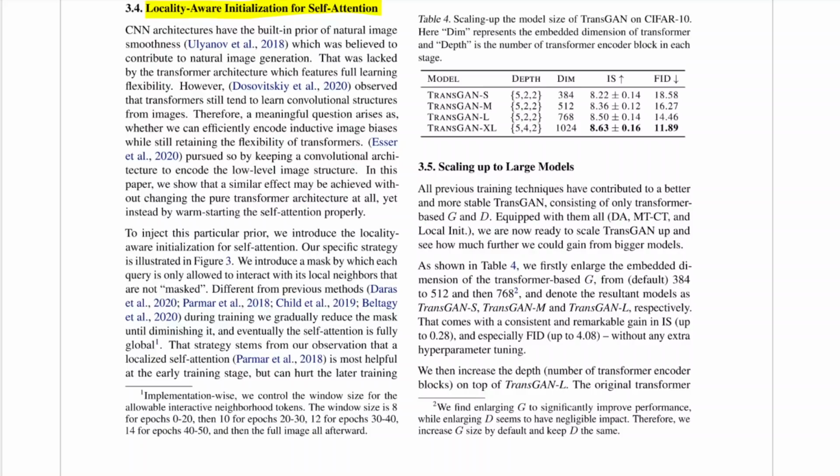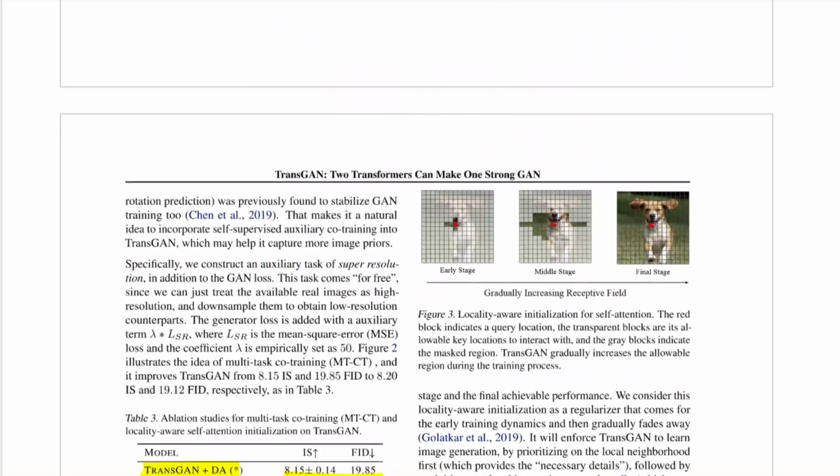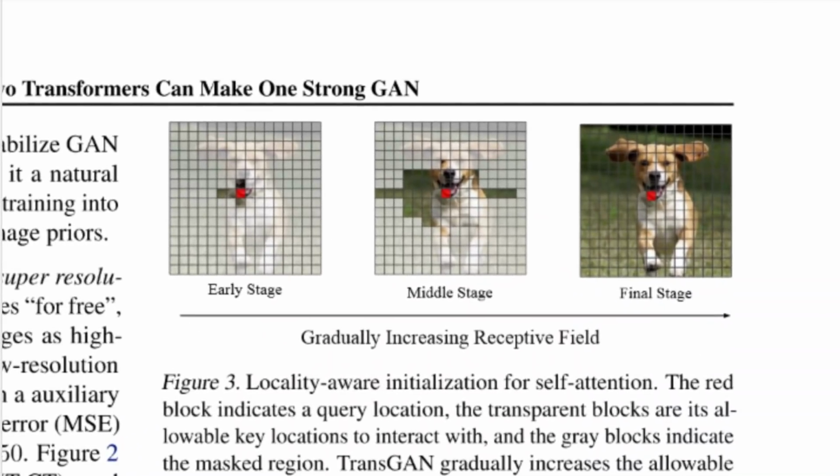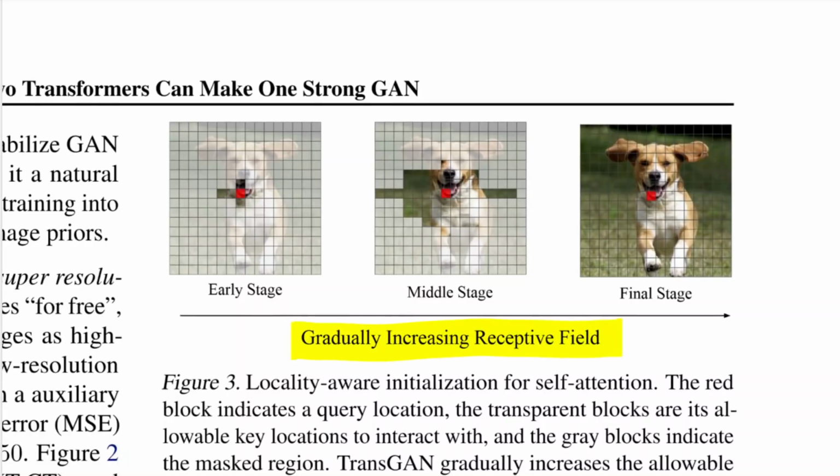And eventually, they want to look at the whole picture. But maybe it makes sense to first teach them that local things matter. And once they're at a certain quality level, we can kind of let them look at other pixels in the image. So what they do is they handcraft a schedule. And so over the course of training, have this gradually increasing receptive field.